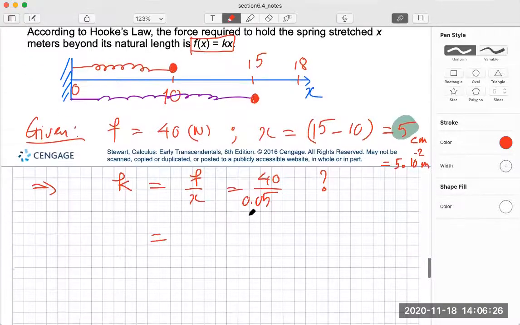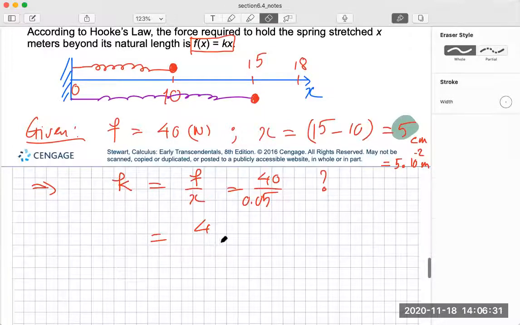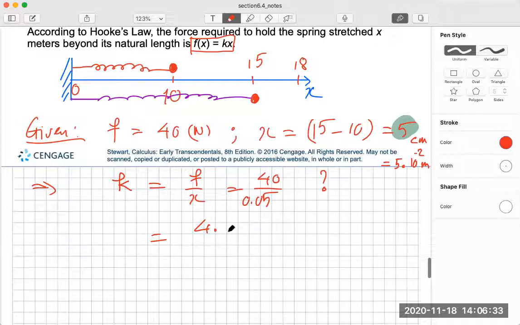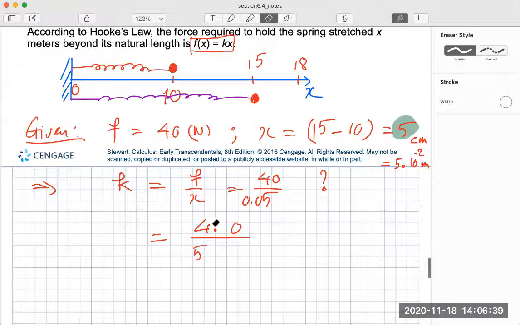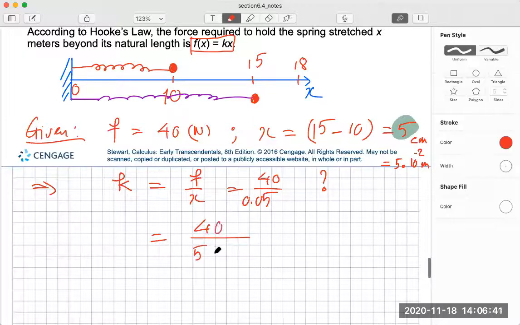Or if you do this, you can write 40. 40 is 4 times 10, right? This is 5. Yeah, let us write 40. And here 5 times 10 to the minus 2. So the number 10 to the minus 2, we can bring it up to the numerator, right?